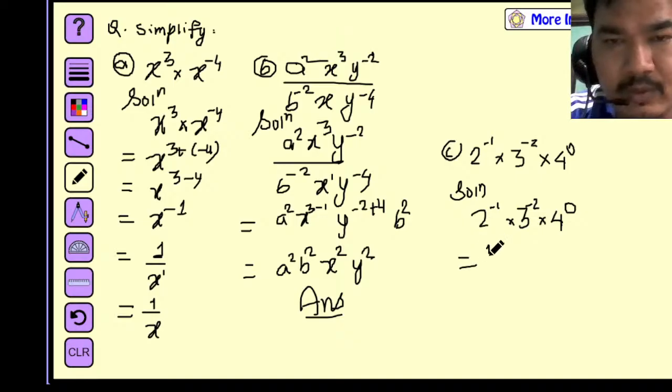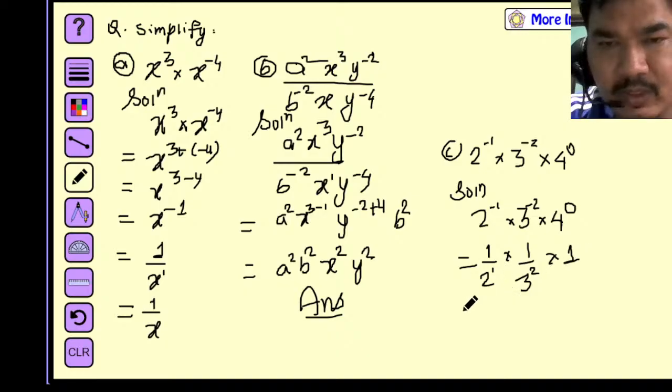As we know, we have to convert into positive powers, so take it down to make the power positive. Here we can do 1 by 3 to the power 2, then 3 square with positive power, and we know 4 to the power 0 means 1. Then write 1 by 2 into 1 by 9. 3 square means 9. Then we multiply here. 1 multiplied by 1 is 1 only. And 2 nines are 18, right? Like this, we have to solve this type of question.